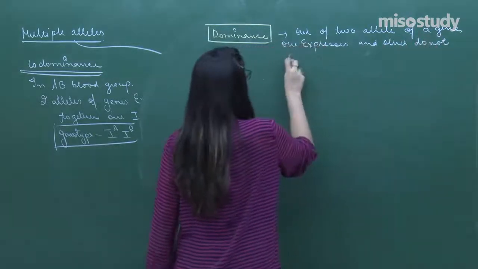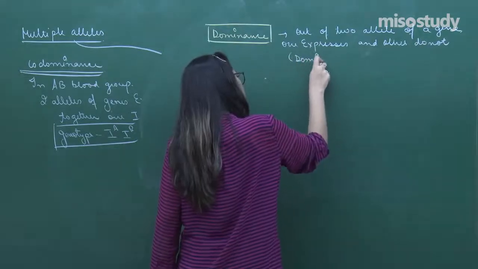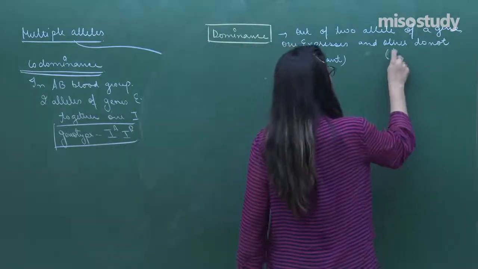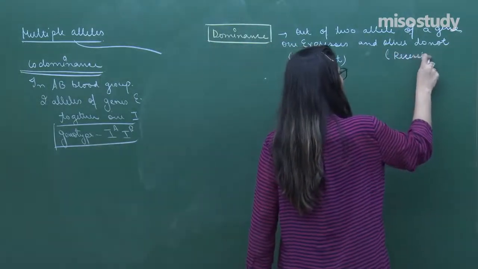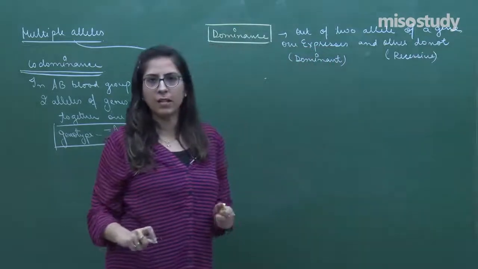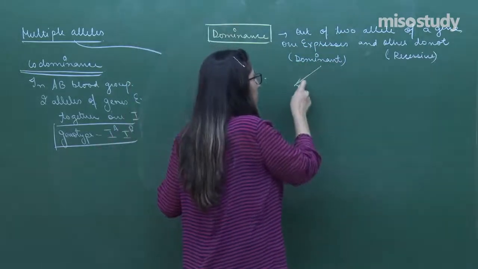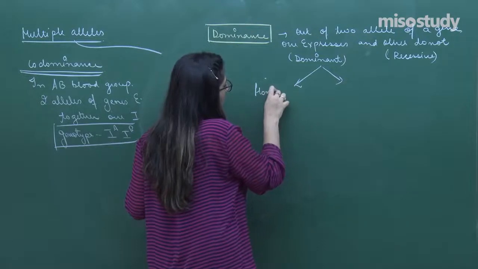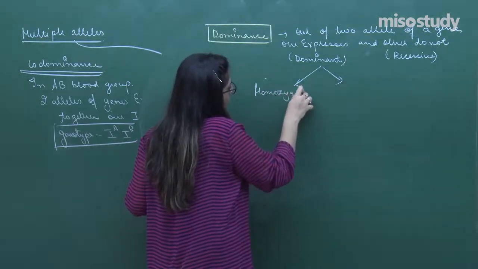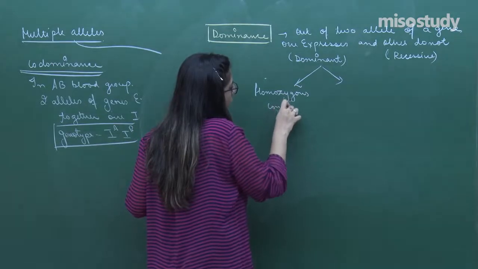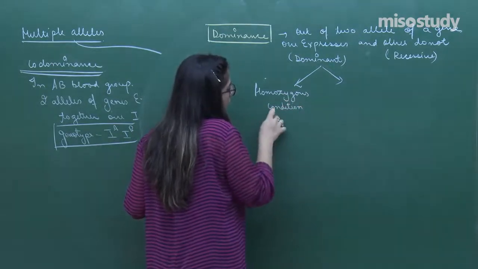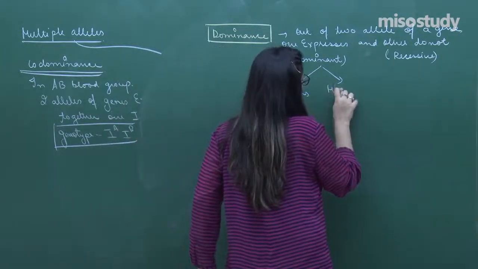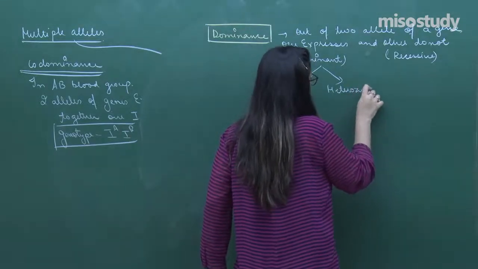One which expresses is called a dominant gene, whereas one which doesn't express is called a recessive gene. A dominant gene is that gene which expresses in two conditions: when it is present in a homozygous condition, that means capital Y is there, they will express, and even in the heterozygous condition, they express.